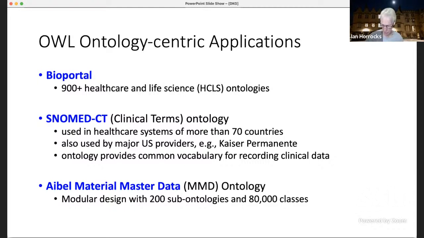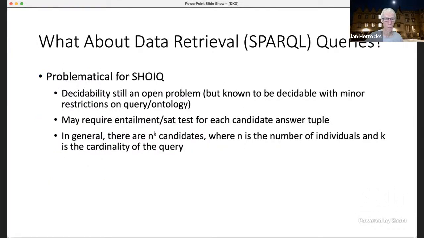So I would say it's been pretty successful and it's quite widely used. But probably there are many more applications that are really interested in querying data with an ontology in the mix, rather than necessarily just focusing on the design of the ontology itself.